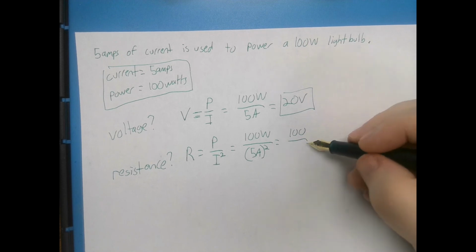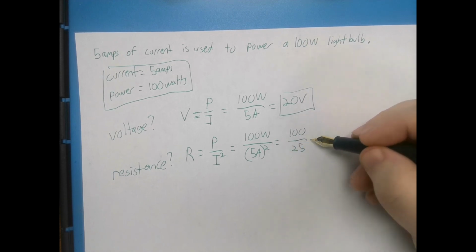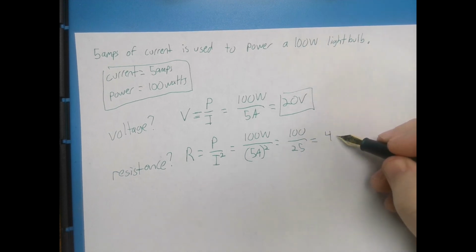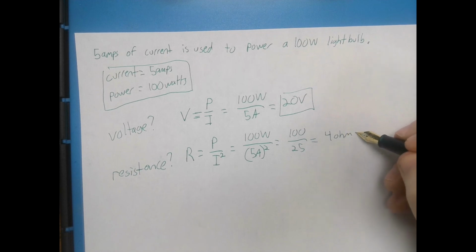So we're almost finished. So 100 divided by 25 is 4, so it's 4 ohms.